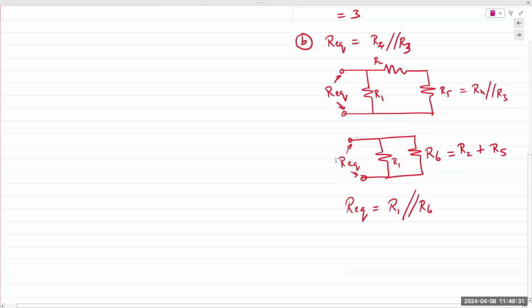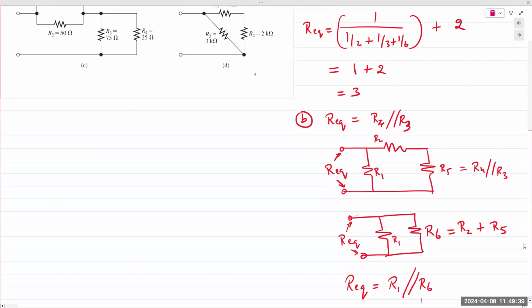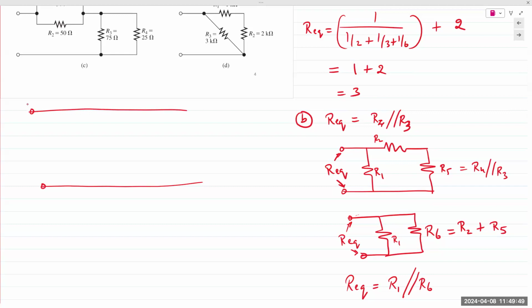Easy enough? Okay. Now there's another technique I'd like to show. And as far as I've seen, I have not come across that technique anywhere else. You draw out the two measurement terminals. Okay.